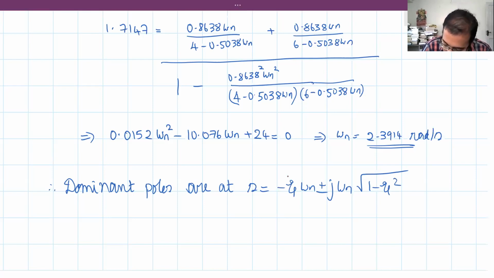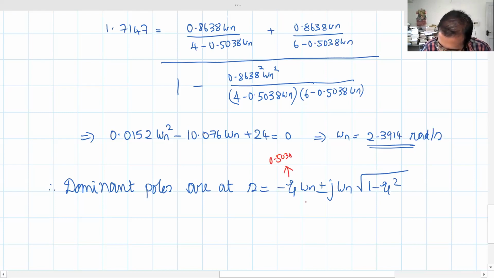Theta value was 0.5038. Omega n value is 2.3914. So our dominant poles will be at minus 1.2047 plus minus j 2.0657. Okay, so this gives you the approximate second order equivalent for the given third order plant.